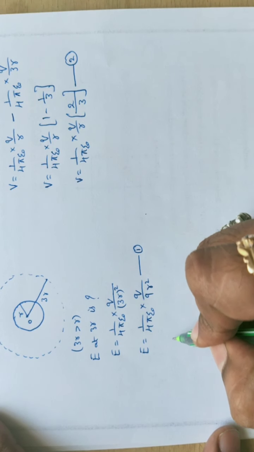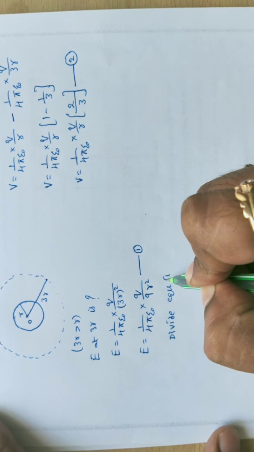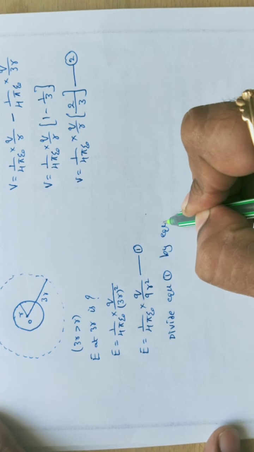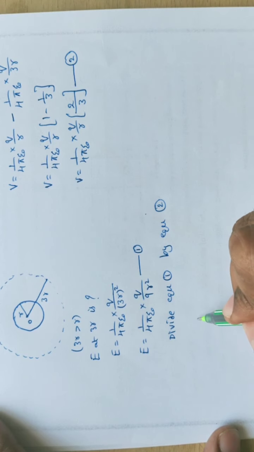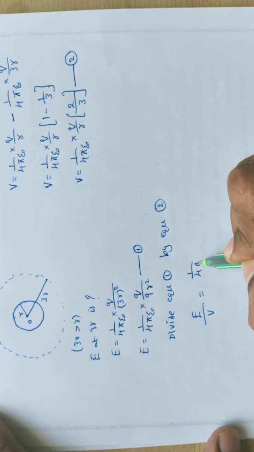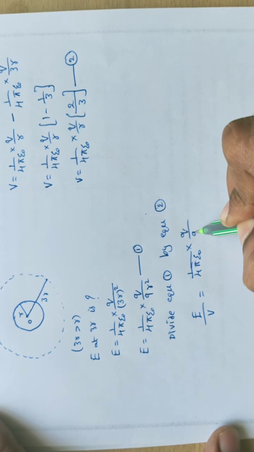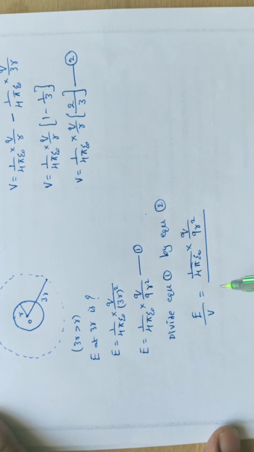So I divide equation 1 by equation 2. Therefore E by V is equal to 1 by 4 pi epsilon naught into q divided by 9r square, whole divided by V, which is 1 by 4 pi epsilon naught into q by r into 2 by 3.